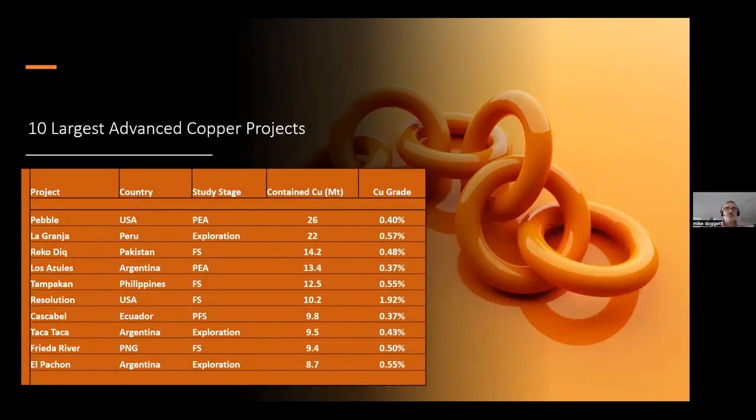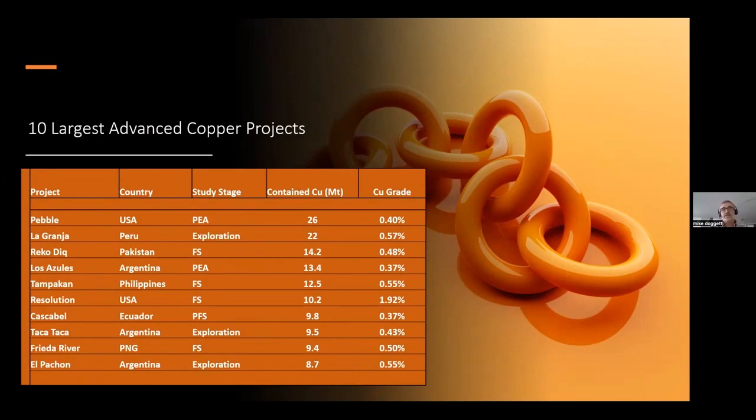This chart shows 10, I'm not sure if it's the 10, but 10 of the largest known deposits based on the amount of contained copper that have not been developed. And so what I've shown is just the name of the deposit, the jurisdiction, the study stage, either preliminary economic assessment, feasibility, or pre-feasibility, or advanced exploration for some of them, the contained metal, and then the average grade of copper.